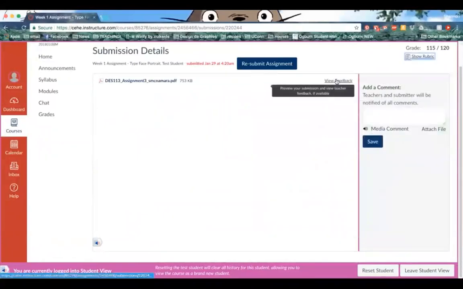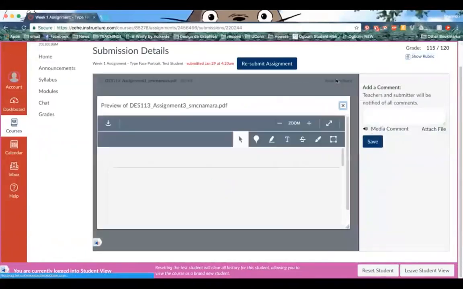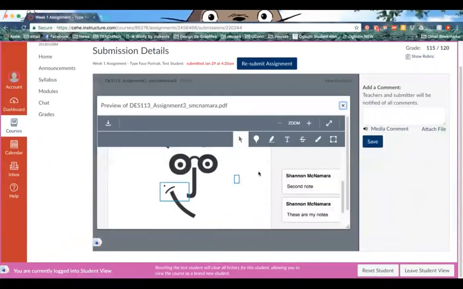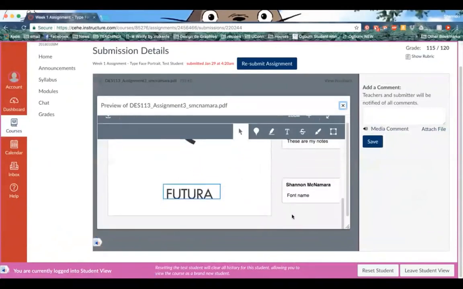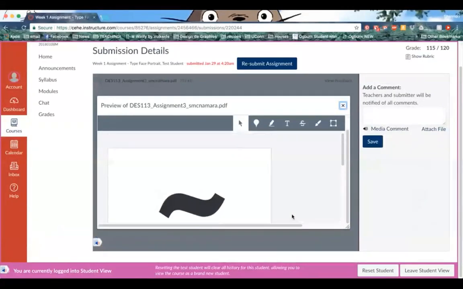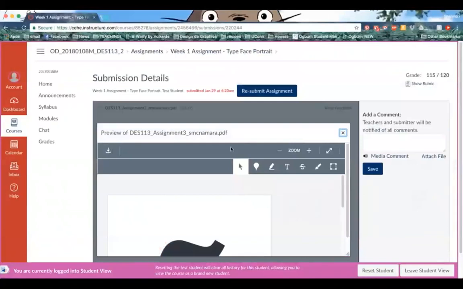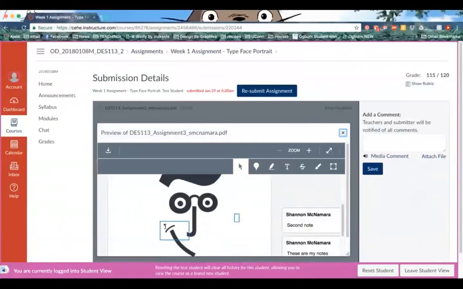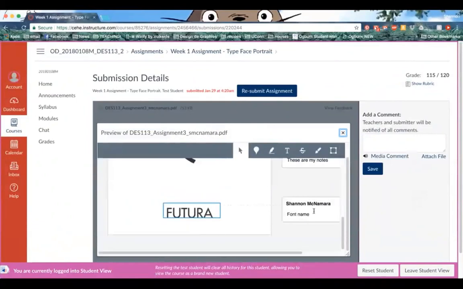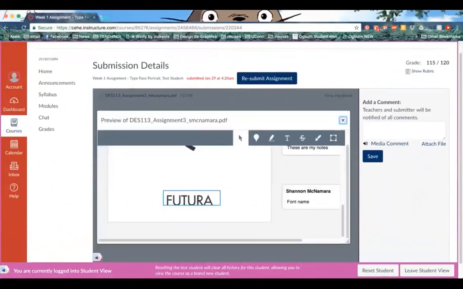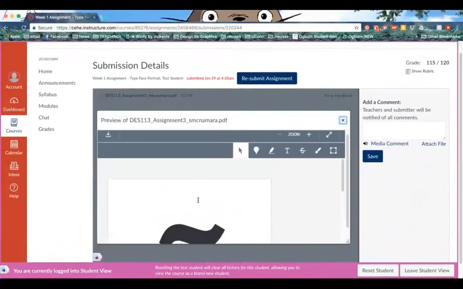And then if you click on View Feedback, this will show you that PDF where I have annotated the notes for you. So you can preview, and you can see where each of the boxes, there's a little dotted line that shows where the note goes to and the different feedback. So hopefully this is helpful.